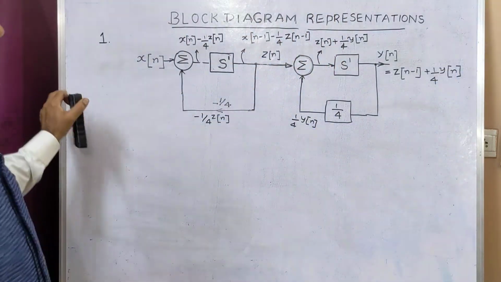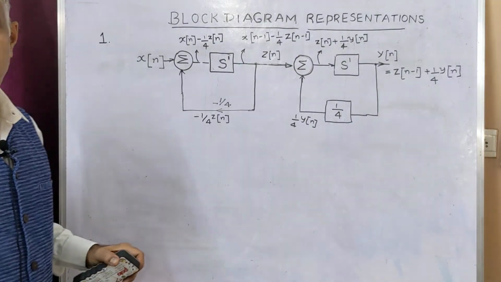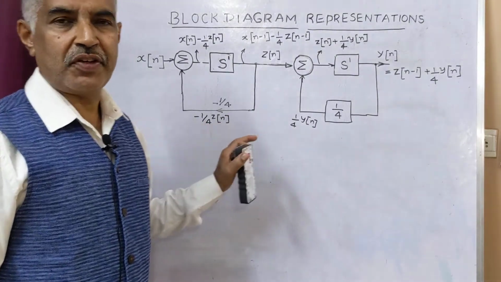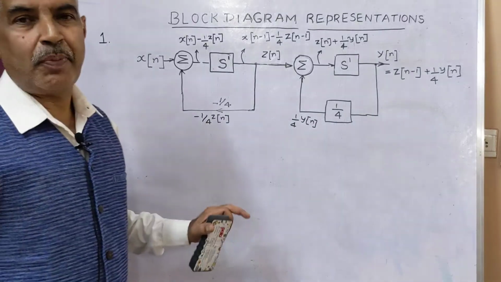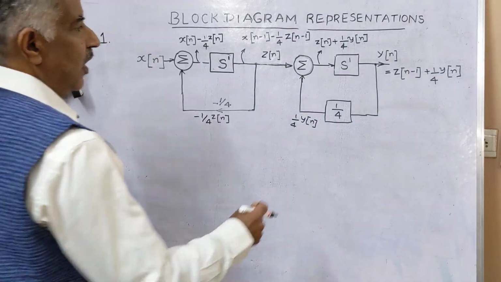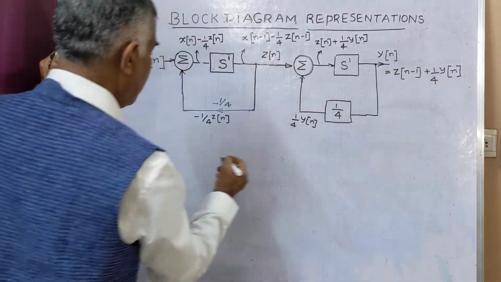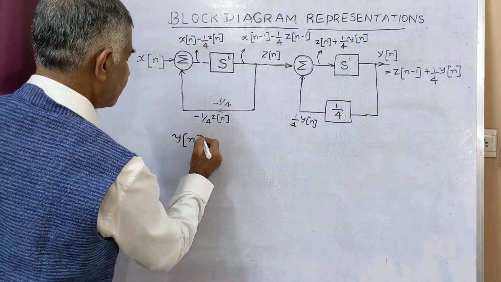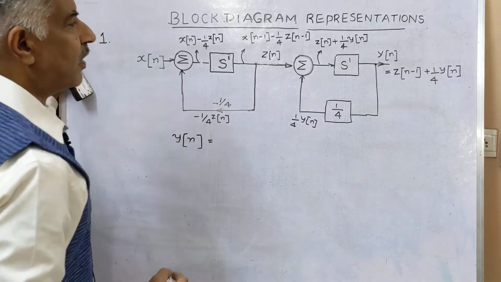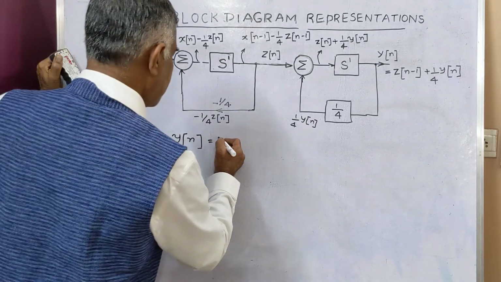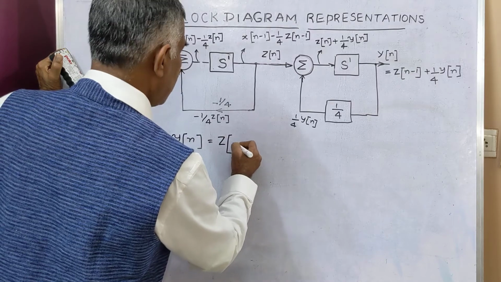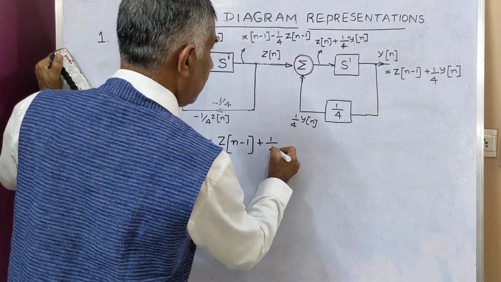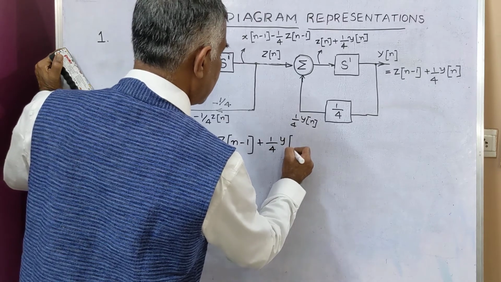First what I suggest is, you just write the equations and then we shall do manipulations. So what is y of n here? y of n is equal to z of n minus 1 plus 1 by 4 y of n.